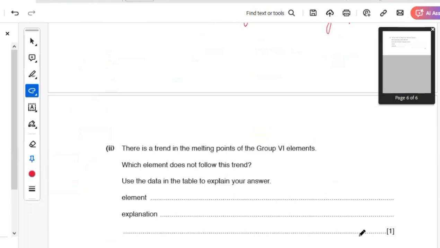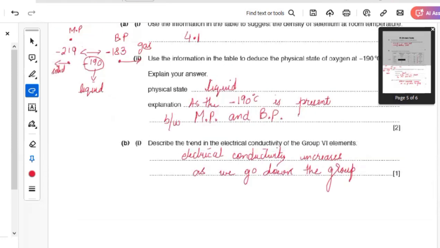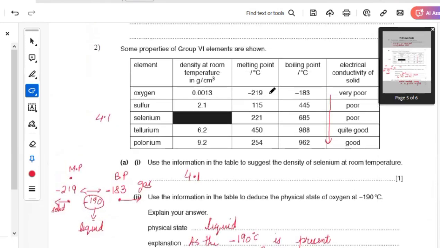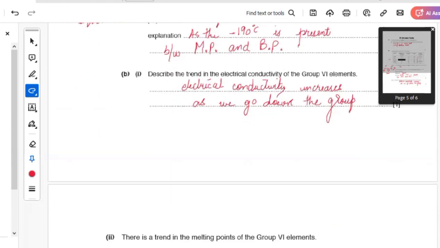Then we have, there's a trend in the melting point of group 6 elements. Which element does not follow this trend? So if we look at the melting point of group 6 elements, it is increasing, increasing, and then it is decreasing. You can see the melting point increases from top to bottom, but then there is a decrease in the melting point of polonium.